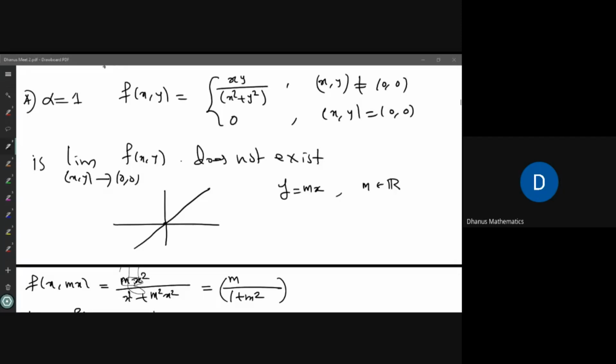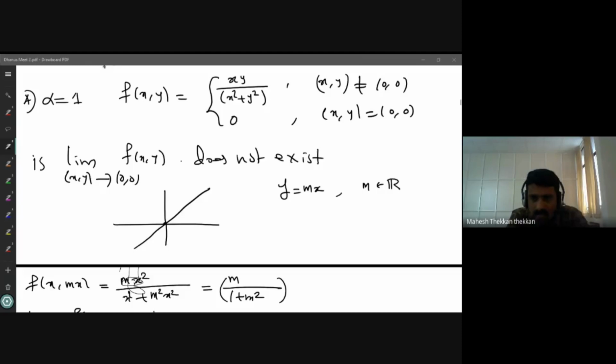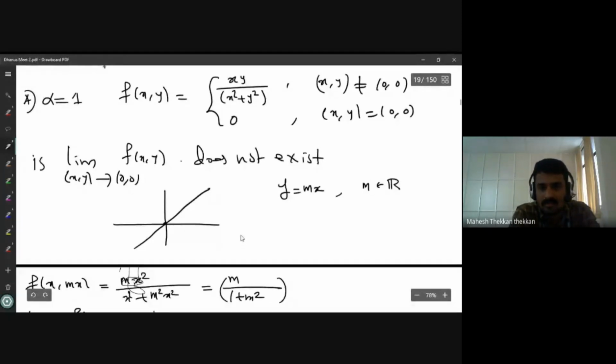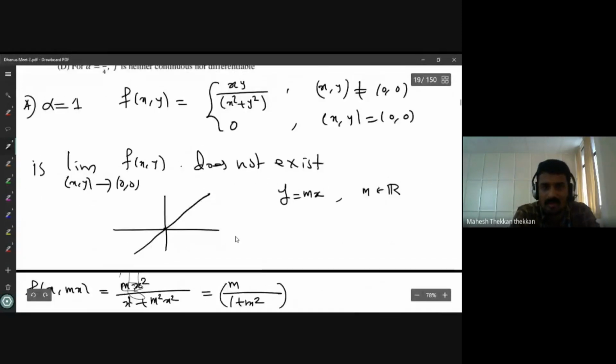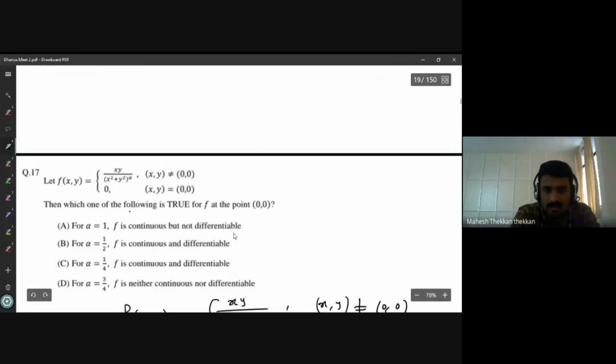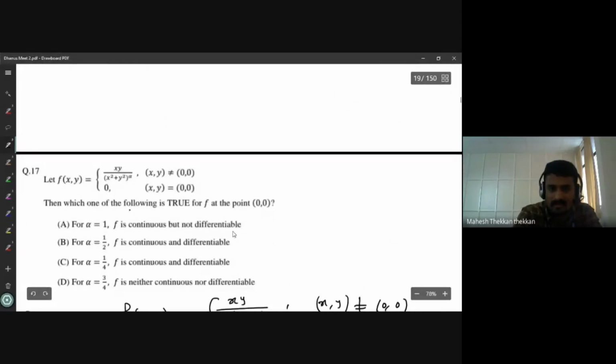It is his answer, I am just reading it. 3 minus 2 alpha greater than 0 for differentiability. Yeah, that you can generally do. There is no problem. You can directly compute and do that. So for alpha greater than 3 by 2, it happens to be differentiable.